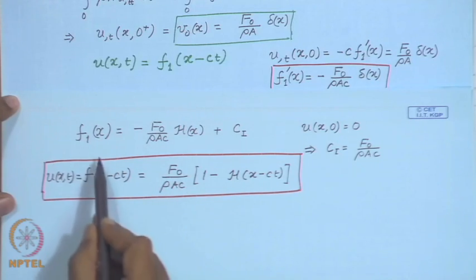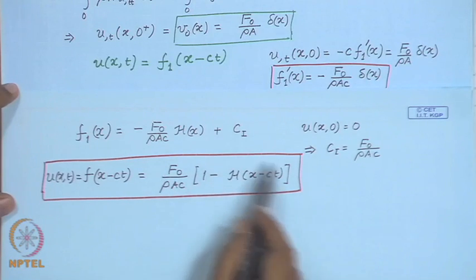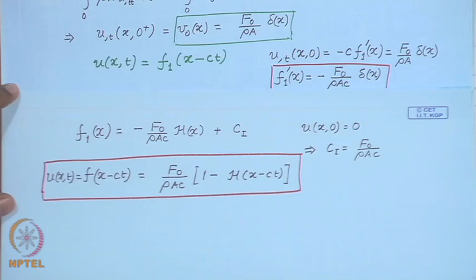We have replaced x by x minus c t, and by substituting this here, I obtain this wave field.